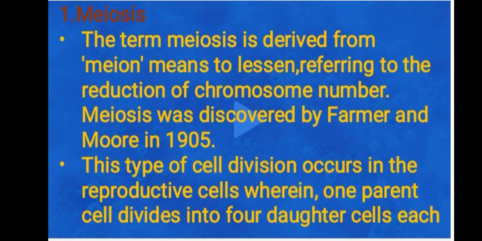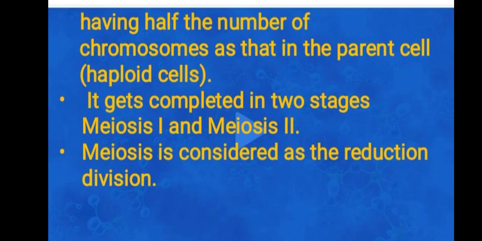This type of cell division occurs in reproductive cells wherein one parent cell divides into four daughter cells, having half the number of chromosomes than that in the parent cell. That is, they are haploid cells. It gets completed in two stages, meiosis 1 and meiosis 2. Meiosis is considered the reduction division.